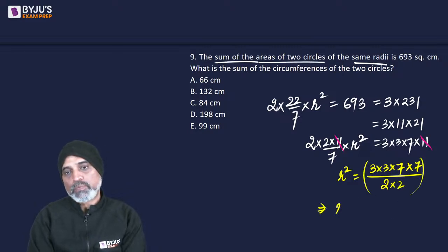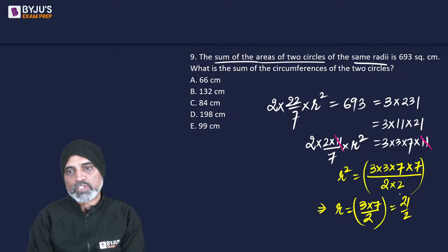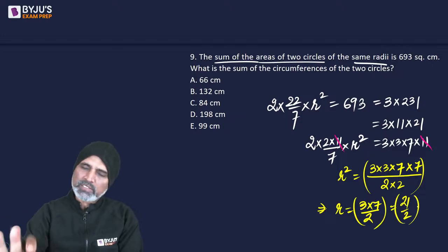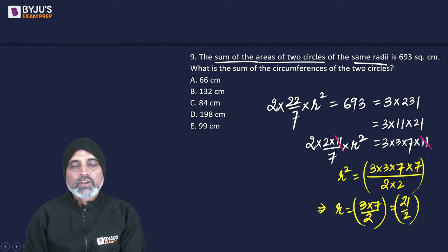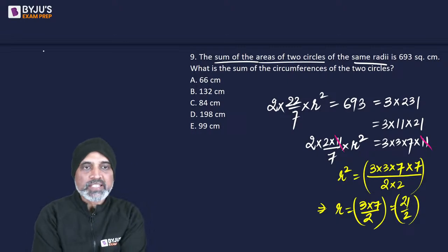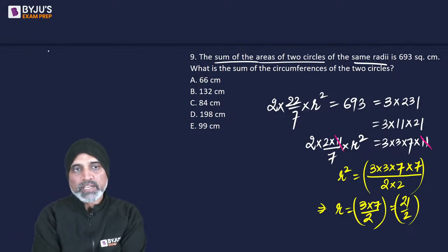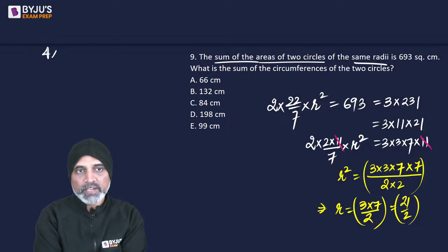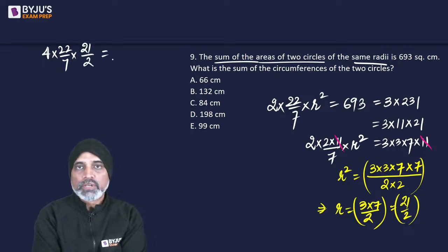So that would mean r is going to be 1, 3, 1, 7 and 1, 2. So this is 21 upon 2, which is 10.5, but don't write it as decimal right away. Now the question asked is, what is the sum of the circumferences of the two circles? So the circumference is 2 pi r plus 2 pi r, which turns out to be 4 pi r, and the radius is 21 upon 2, right?